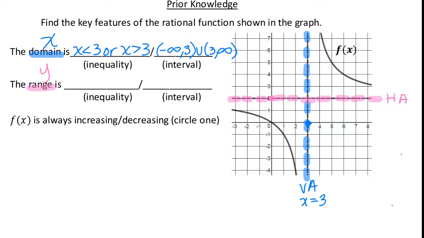So is that 2 value an x or a y? That's a y. So I got y equals 2. Okay, so I have all of the y values down here that are less than 2, all of the y values that are greater than 2.